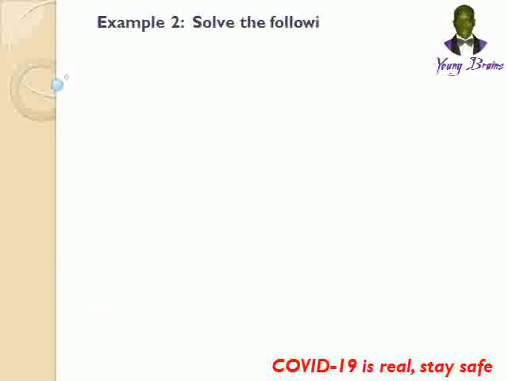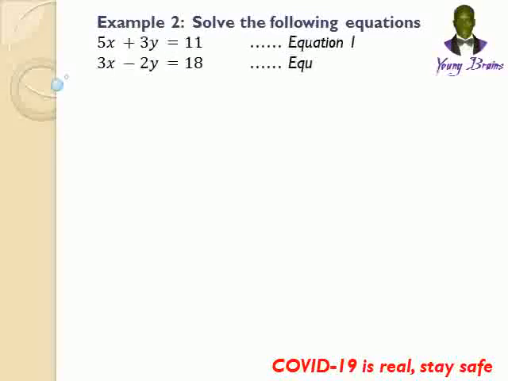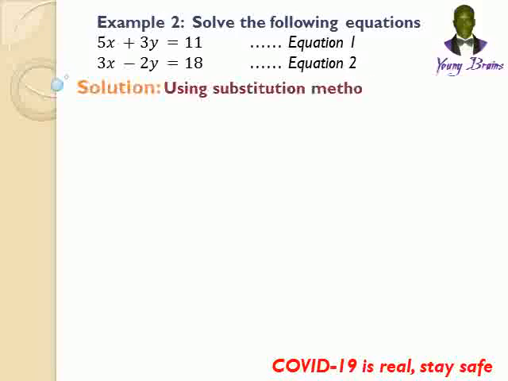Example number 2. Solve the following equations. 5x plus 3y equals 11, equation 1. 3x minus 2y equals 18, equation 2. We are still making use of the substitution method. Therefore, we need to make one of the variables in either of the equations the subject of the formula.